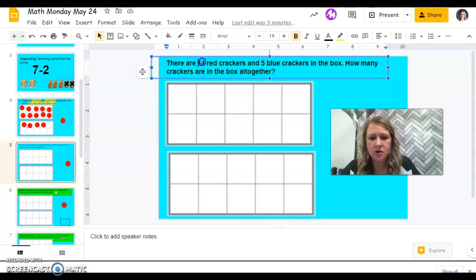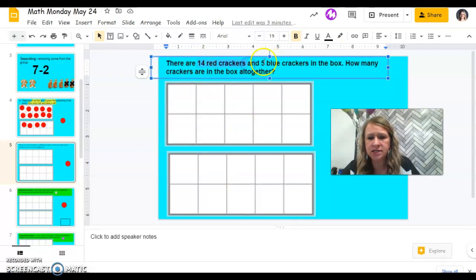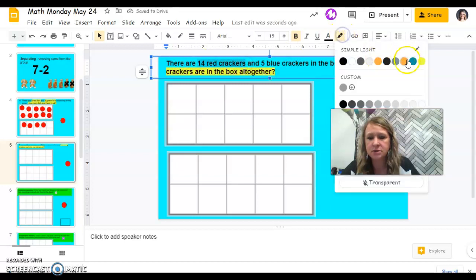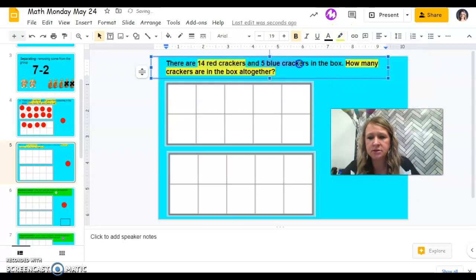So, I know that there are 14 red crackers and 5 blue crackers in the box. Then the question is asking me how many crackers are in the box altogether. How about if I highlighted it? 14 red crackers. And how many blue crackers? 5, that's right.